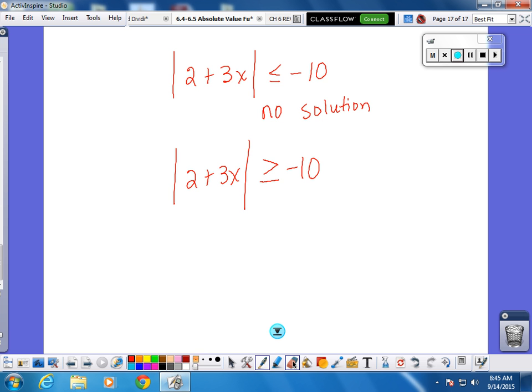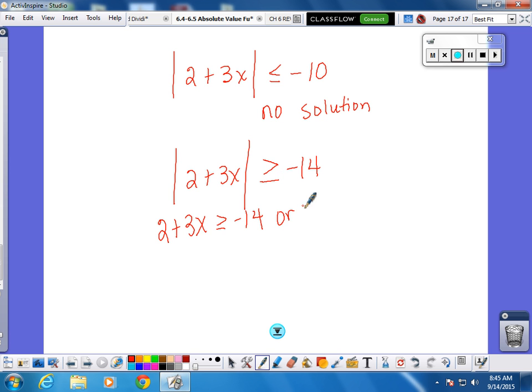Let me change this so I'm not going to get a fraction, because I know you guys are allergic to that. Let's say... greater than means what?